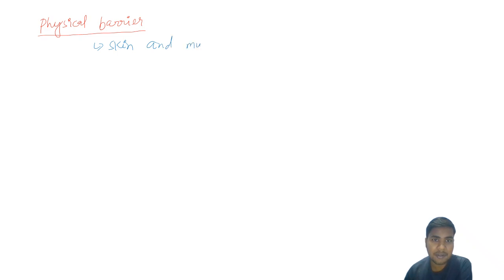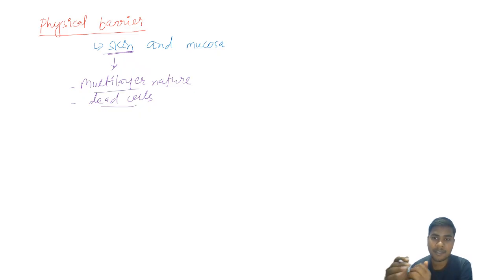So the physical barrier is basically the skin and mucosal membrane. As we have seen, the skin is multi-layered, and the outside of the skin is dead cells. The multiple layers and dead cells form a separating medium for the body from the outside, so that it helps prevent attack by any kind of pathogen, bacteria, or virus.